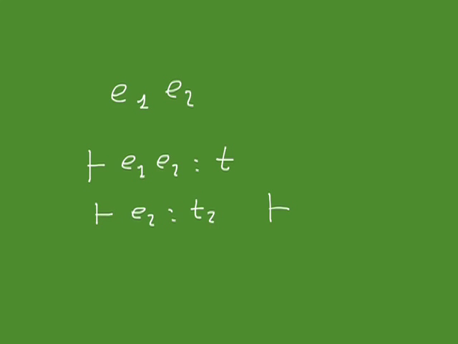Well, because whenever we're trying to type an application E1, E2, what we want is, of course, that the type of E1, E2 should be some T, and the type of E2 should be T2, and the type of E1 should be T1, and then we expect that T1 is a function type, T2 arrow T for some T, and then the question is, what is T?